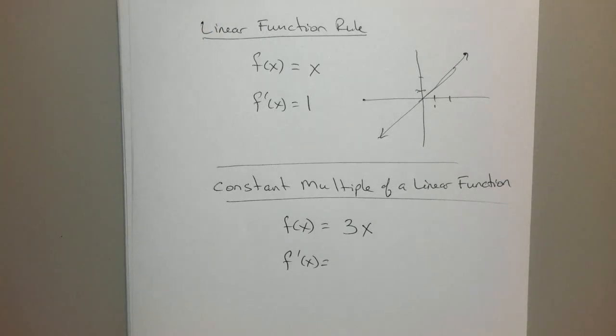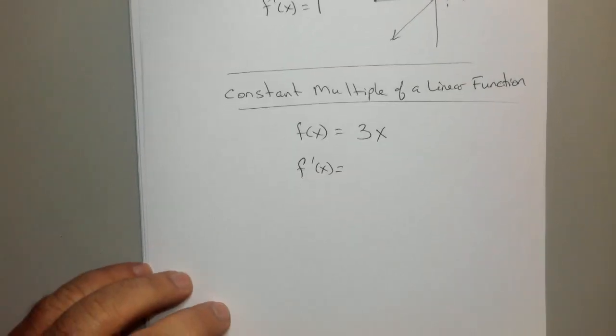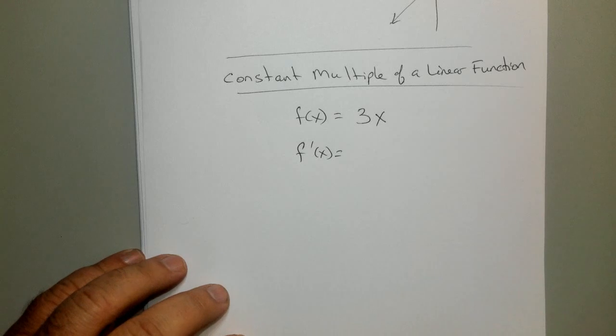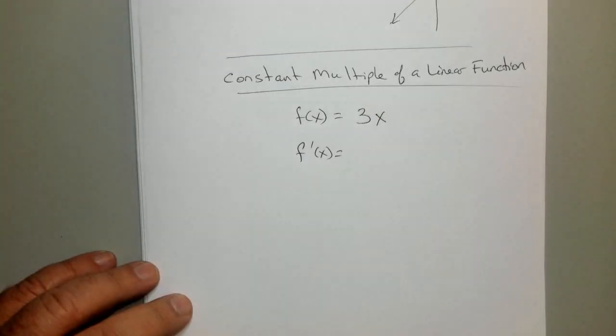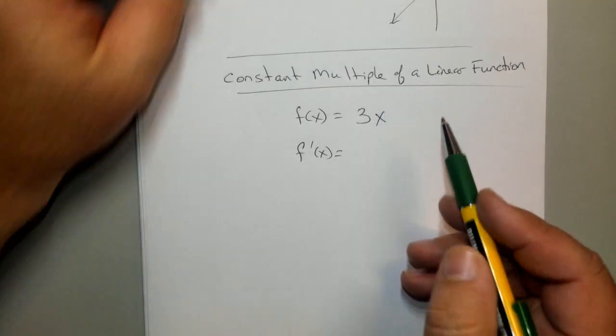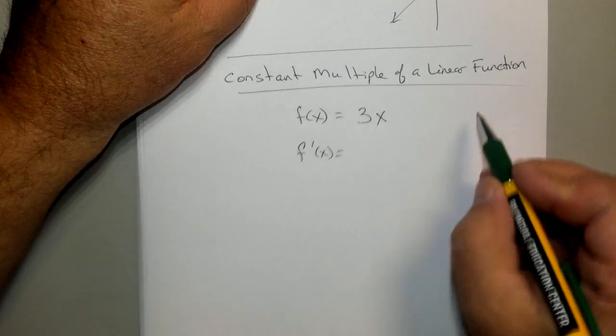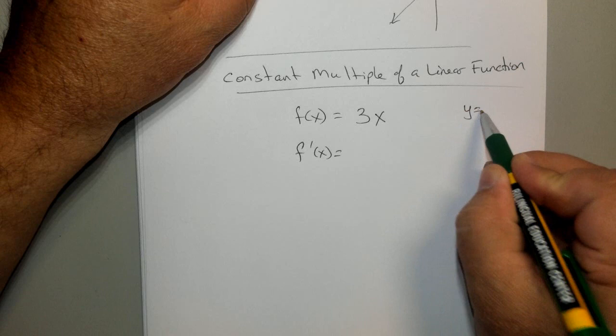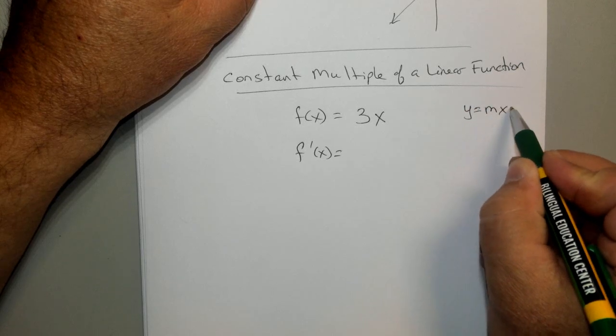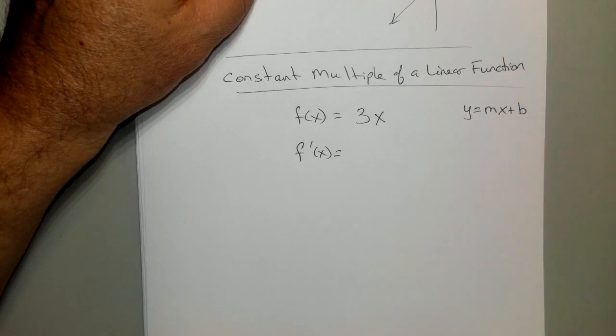And how do we know? Why is it linear? How do you know it's linear? Yes, exactly. Because the exponent on the variable is 1. And we know the linear equation is of the form y equals mx plus b.